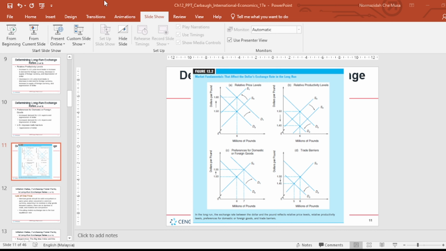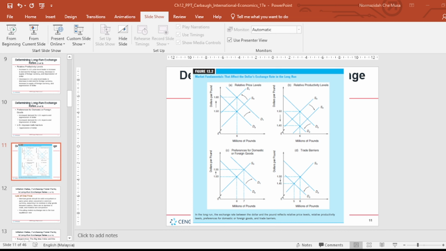In this case, an increase in price level in the United States leads to more imports by Americans from the UK, and the UK people also import less from America, because American goods are more expensive.